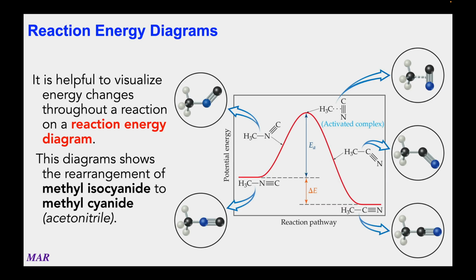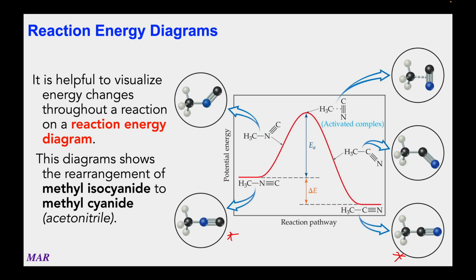The isocyanide has a nitrogen between the carbons, while the cyanide compound has the nitrogen on the end. There's a lot of information you can get from a reaction energy diagram. First of all, in this case it shows reactants on the left-hand side, and products on the right-hand side.